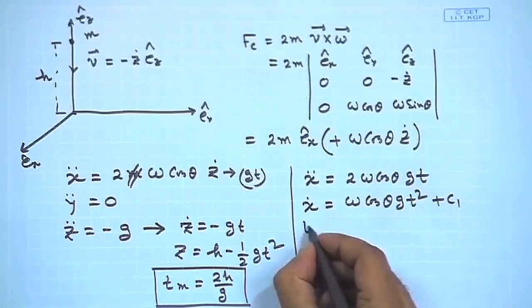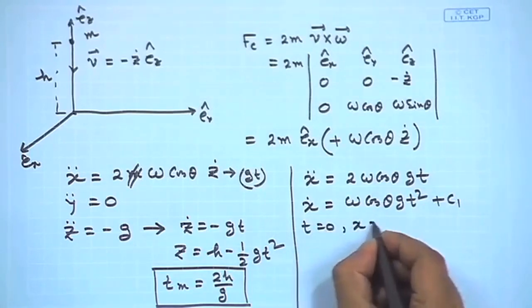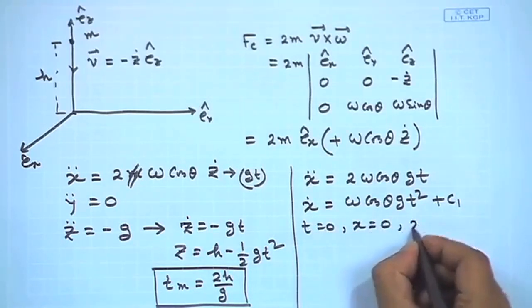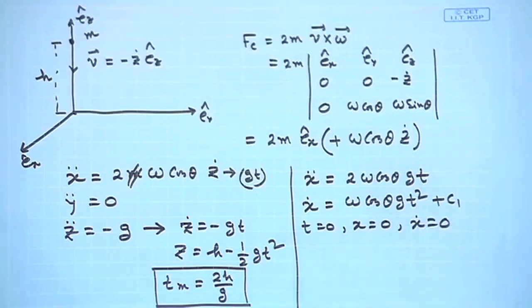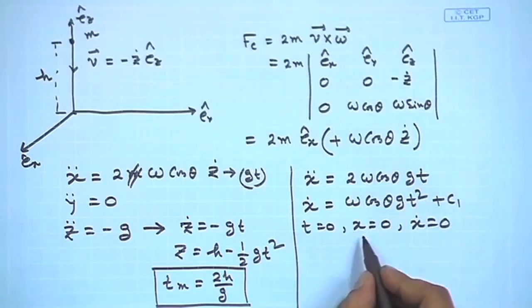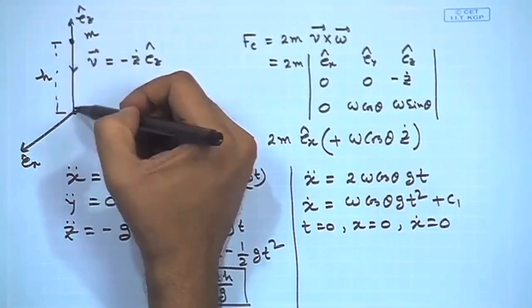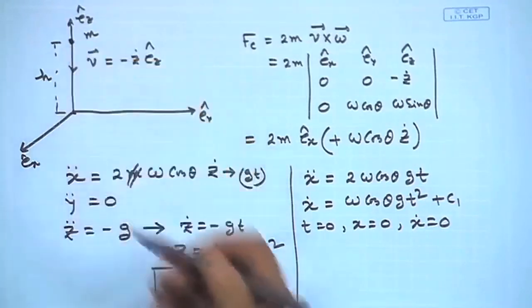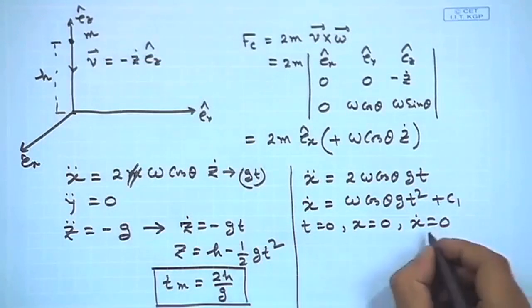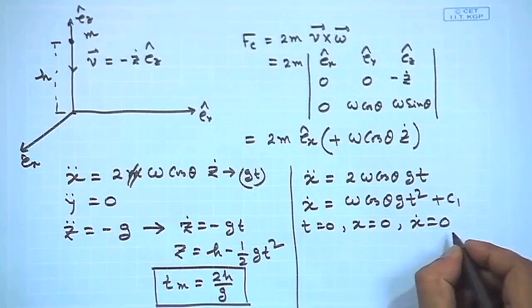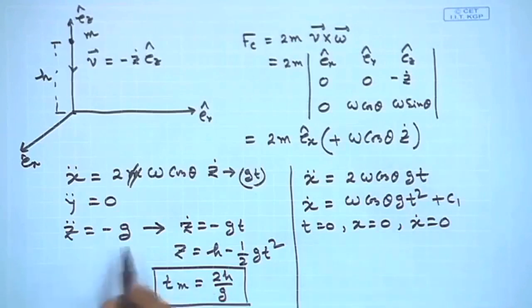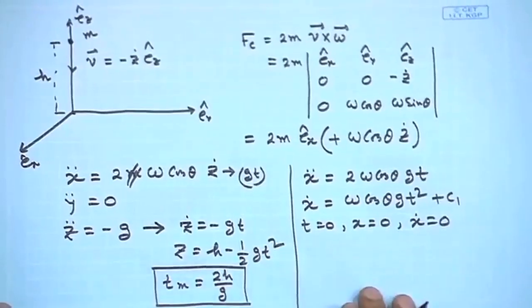Now please recall that at t equal to 0, x equal to 0 and x dot is also equal to 0. So x equal to 0 means initially it starts above the origin on the z axis only, so there is no x or y deviation. Now think of this situation.